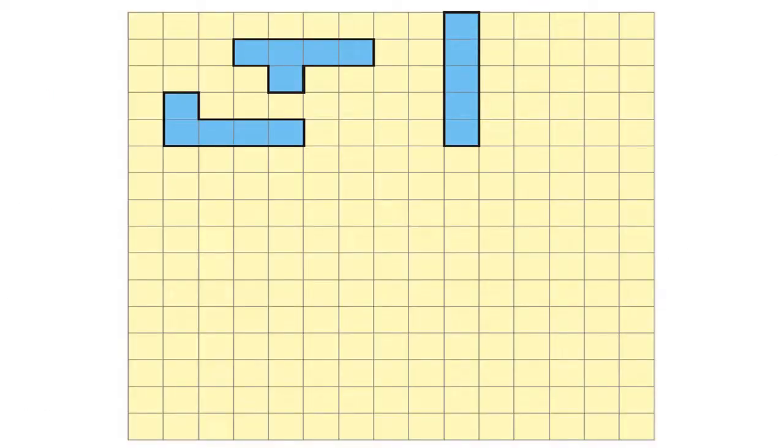Okay, this picture you will find in your textbook in the lesson, How Many Squares. 3 grids or 3 shapes they have already made for us, and the remaining 9 shapes you have to make. There will be a total of 12 shapes, 12 pentominoes, and the remaining 9 you have to draw in the textbook itself.